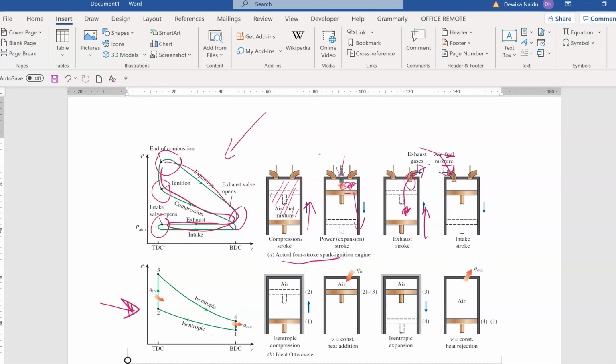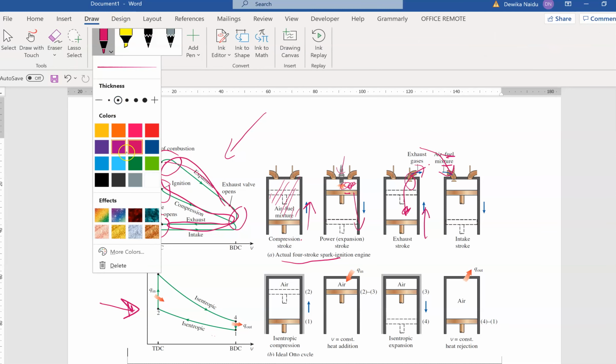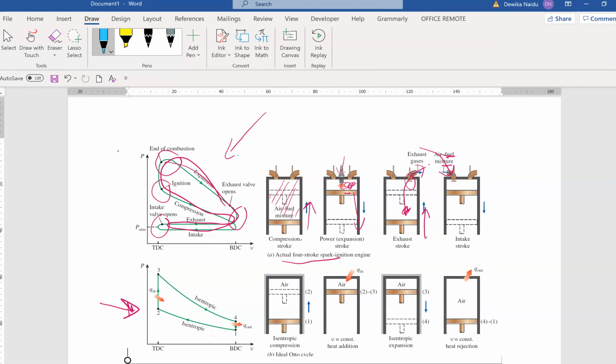But for better understanding, in our syllabus, like what I've told you, they have idealized it. When you idealize, you can see the very sharp points, points 1 and 2, and you definitely know what is happening where. So this is an ideal Otto cycle.